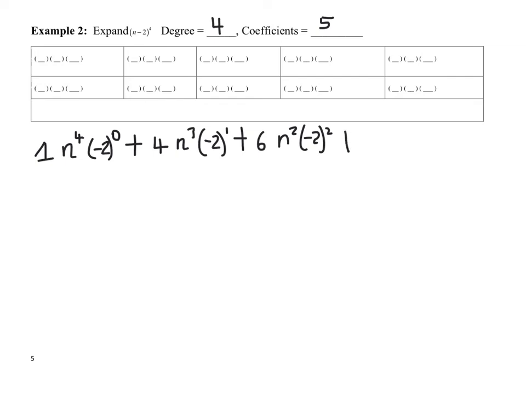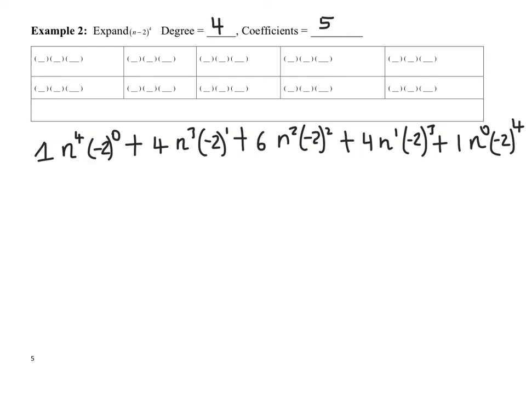And then the next one is 4 n raised to 1, and then negative 2 raised to 3, and finally 1 n raised to 0, negative 2 raised to 4.